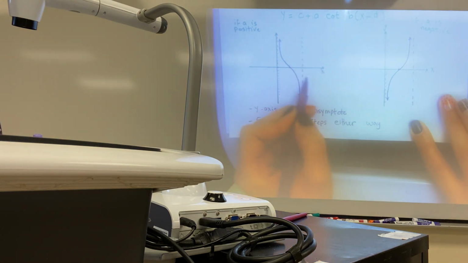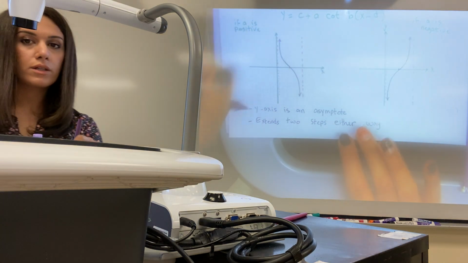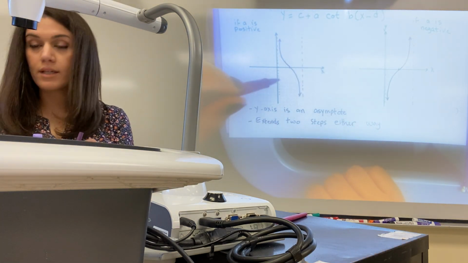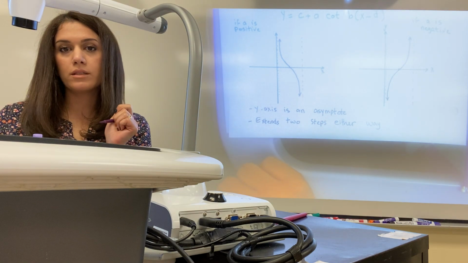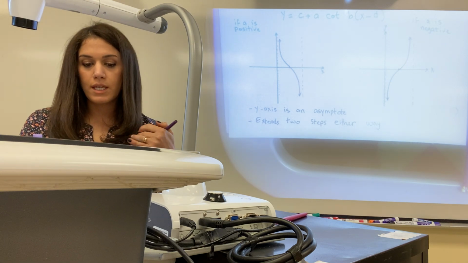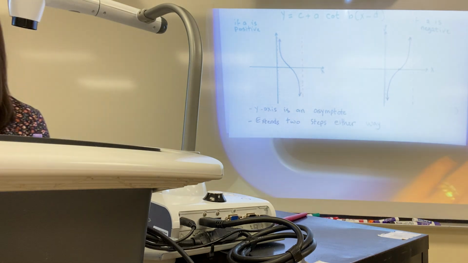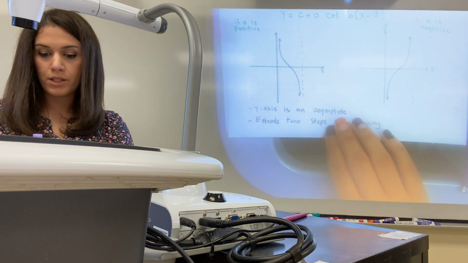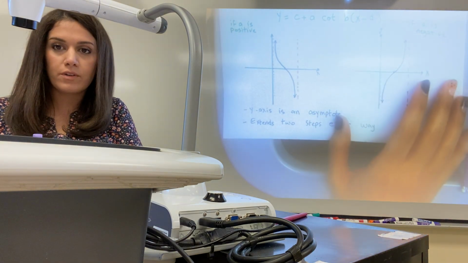You see how? And again, we don't have an amplitude for the cotangent graph, just like the tangent. And the period, again, is half of the period for a sine or cosine. So if the period for a sine or cosine is 2 pi, the tangent and cotangent period will be 1 pi. Okay, so these are the graphs for tangent and cotangent with positive or negative a.